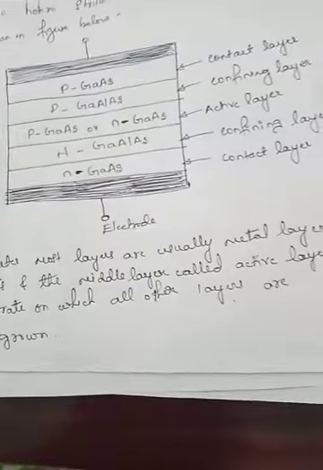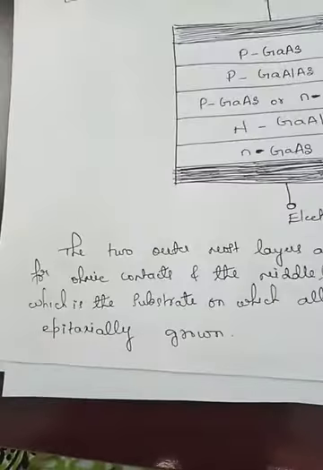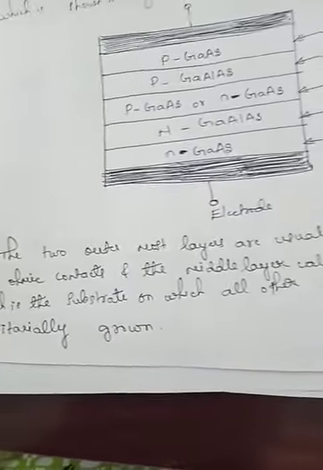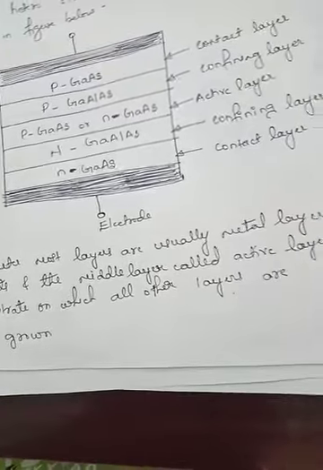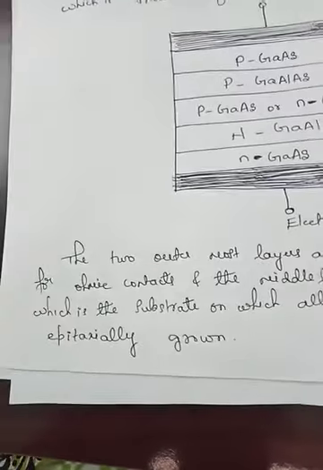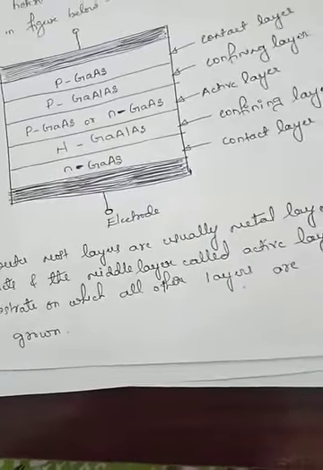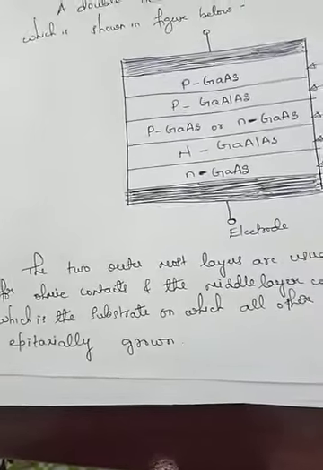The two outermost layers are usually metal layers for ohmic contacts and the middle layer is called the active layer, which is the substrate on which other layers are epitaxially grown.